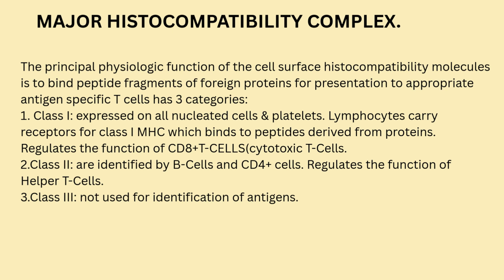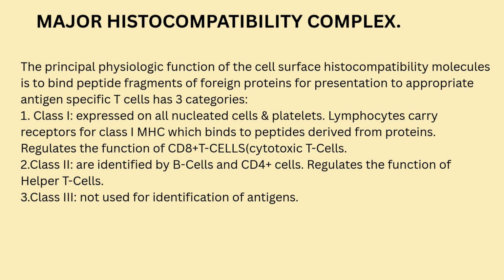that these are the cells which need destruction or can harm the body. Now, the major histocompatibility complex is divided into three categories: class 1, class 2 and class 3. Class 1 are expressed on all nucleated cells and platelets.